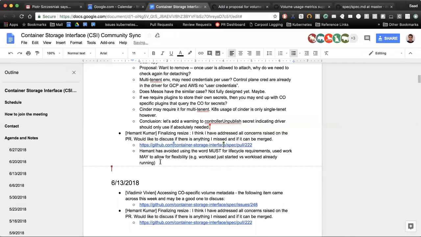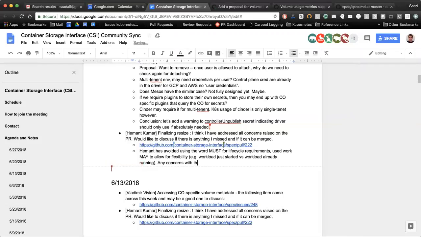So the point is that the wording I have tried to explain is not 100% prescriptive. It's more like this is what you're supposed to do. And I don't know if James had any concern about that.